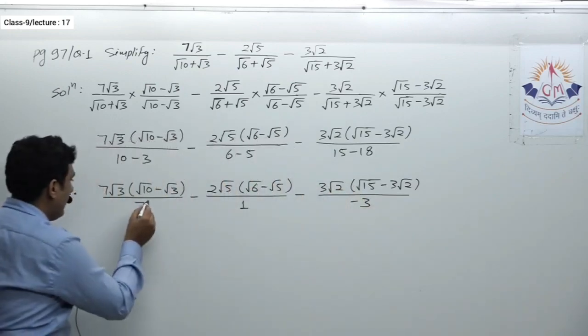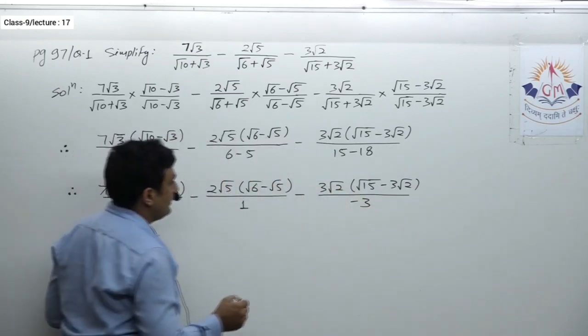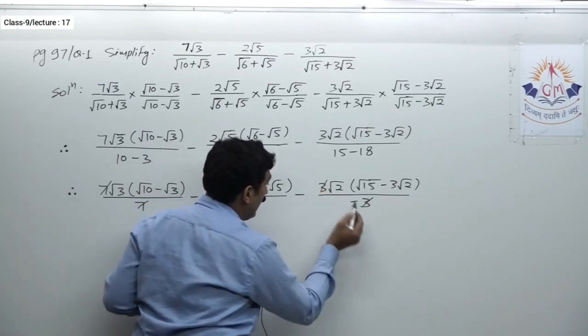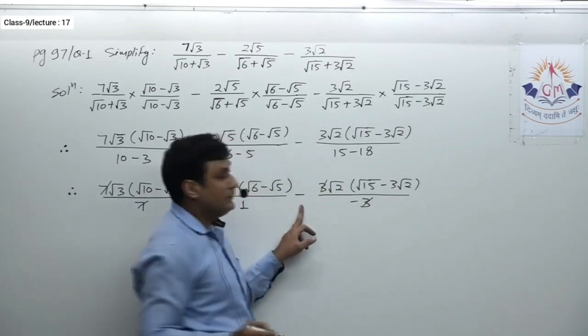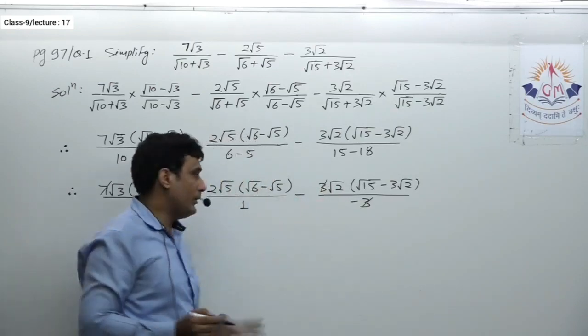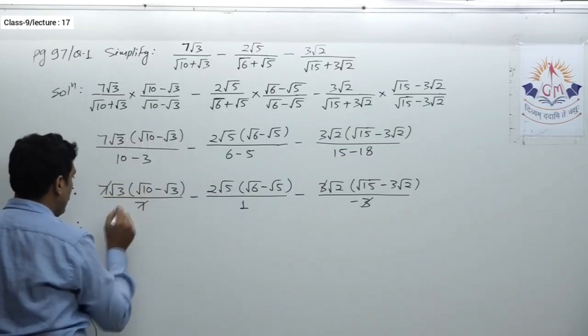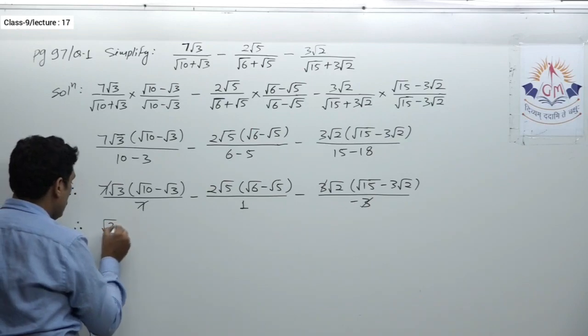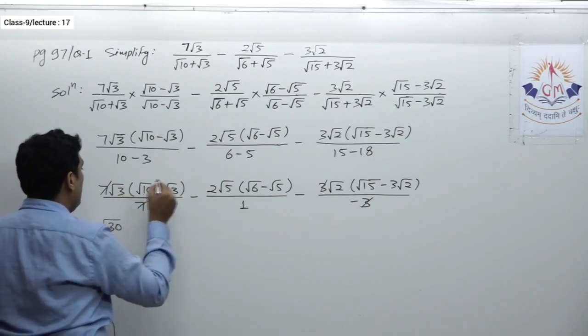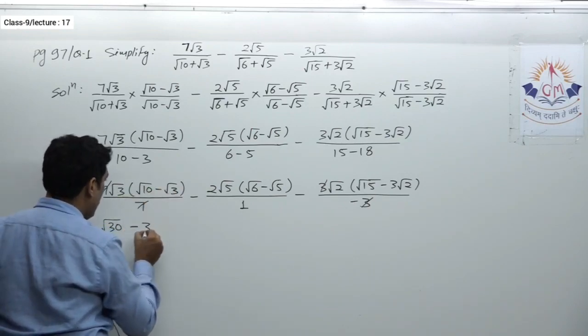Okay, so this 7 and 7 I can cancel, this 3 and 3 I can cancel, and because of this minus sign, this will be considered a positive sign. So now I am left with root 3 into root 10, that is root 30. Root 3 into root 3 is 3, so minus 3.